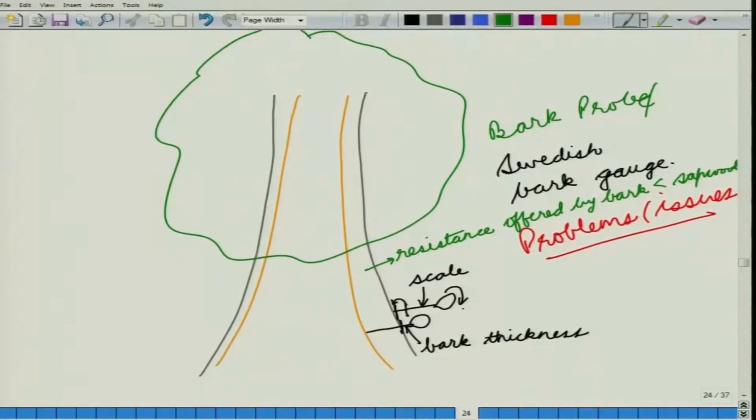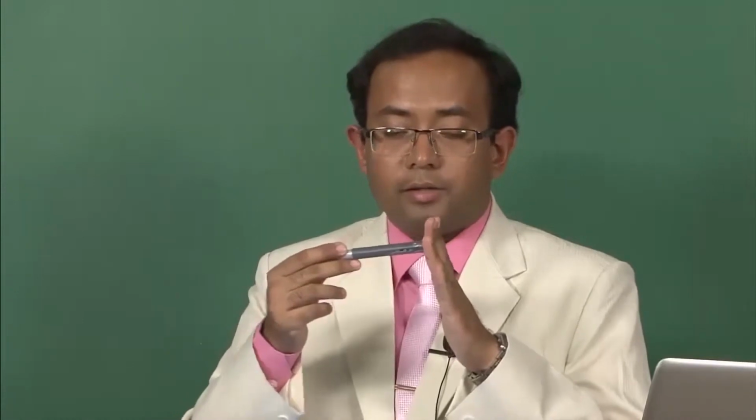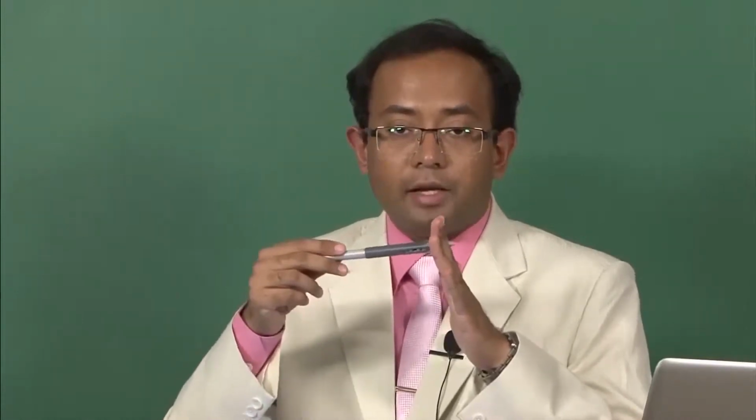So, essentially both these instruments, bark probe and bark gauge, rely on the skills of the operator to be able to feel, while he is penetrating the instrument inside the bark, at what point the instrument has reached the sapwood.